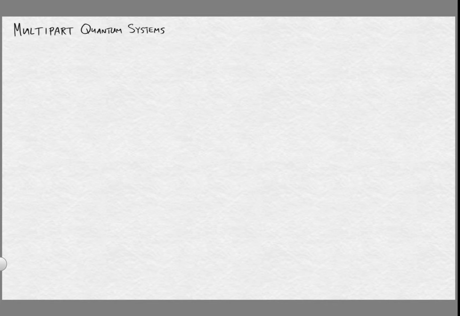So I want to start in this video with a setup, and I want to review how we describe multipart systems in quantum mechanics. So let's draw a picture. Here's a system, and the system has two parts.